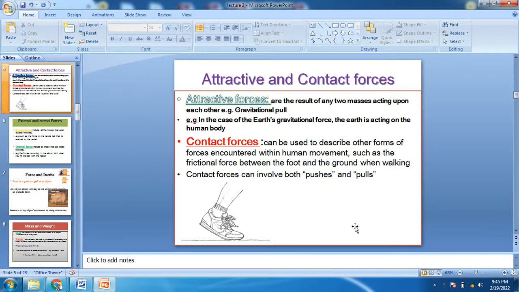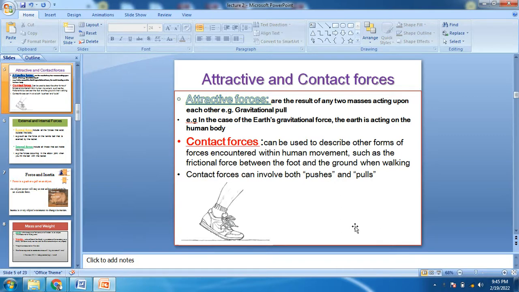Attractive and contact forces. Attractive forces are the result of any two masses acting upon each other, like gravitational pull. In the case of Earth's gravitational force, the Earth is acting on the human body.